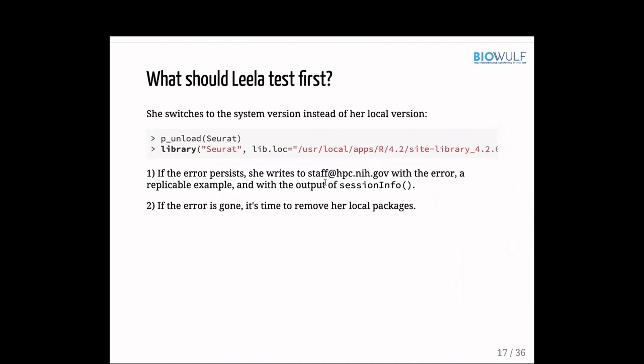In that case, it's better you email us, because only staff has permission to delete the system version, right? And the example I showed here is where the system version works. In that case, Lila will try to delete her local library. Did I get your question?